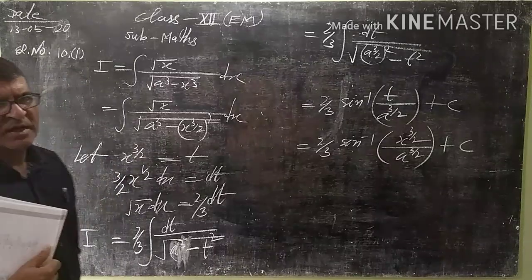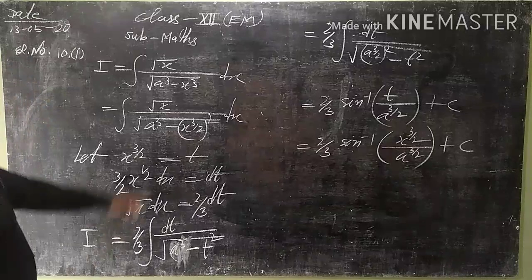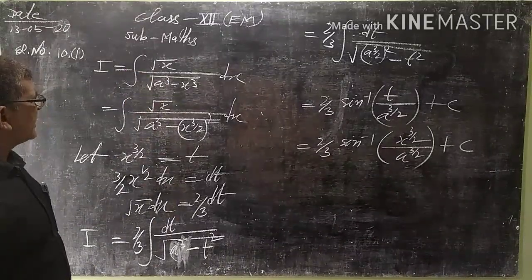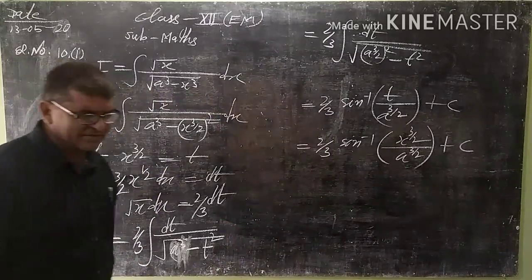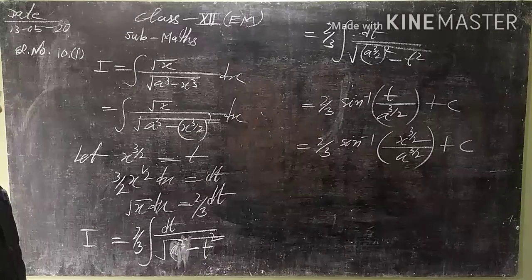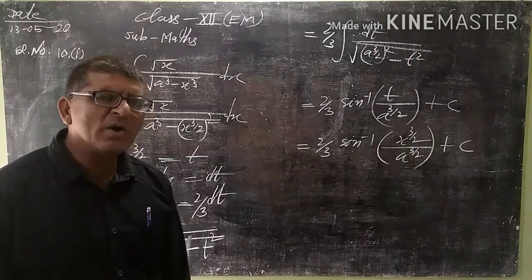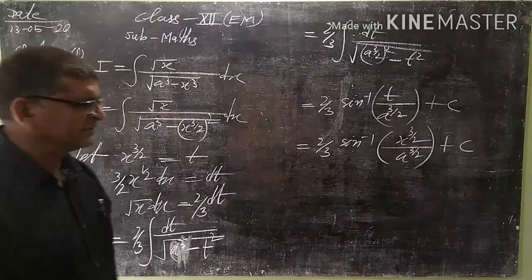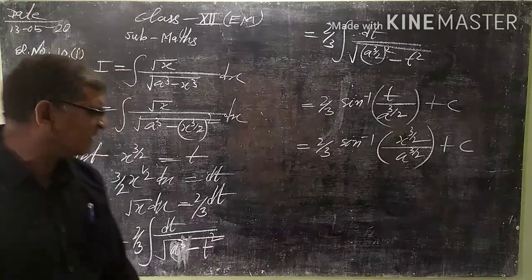Again I explain you with a. I equal to integration of under root x under root a cube minus x cube dx. We want to convert it into standard formula. How can we change it so that it can be changed into standard formula?